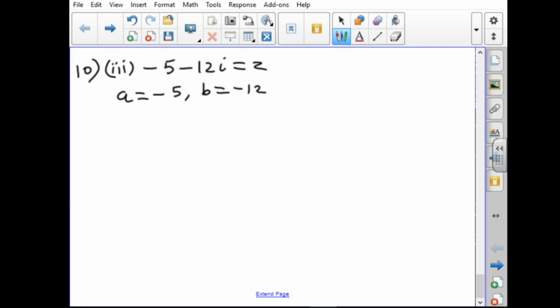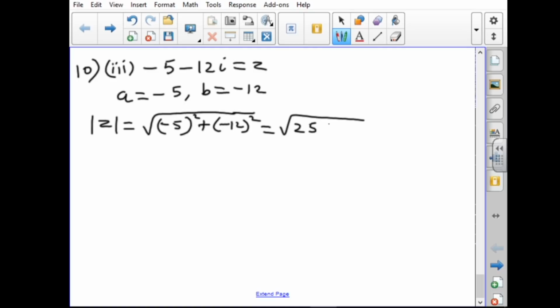So, we have to find modulus of z. Modulus of z is equal to square root of (minus 5) the whole square plus (minus 12) the whole square. So, it is equal to square root of 25 plus 144, which is equal to square root of 169. Square root of 169 is 13.